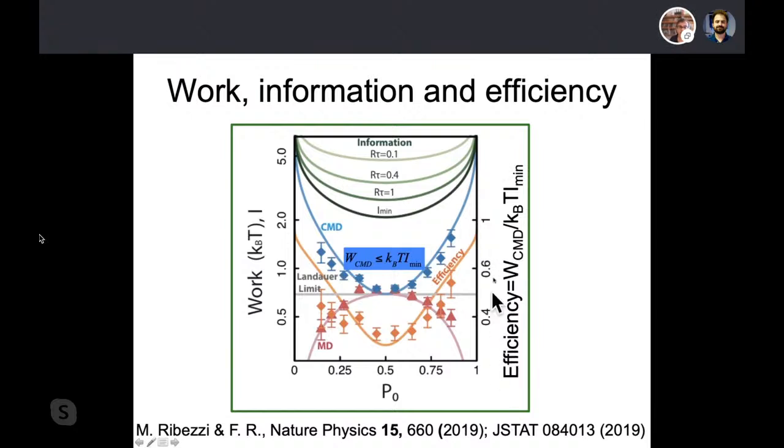You can also define the efficiency, which is the ratio between the work you can extract with this continuous version and the work needed to erase the stored sequences, so the information of the stored sequences, which is shown on the vertical right axis, goes between 0 and 1, and it shows the efficiency in orange color. The experimental data are in orange, and you see that when P0 goes to 0 or P0 goes to 1, you go to efficiency equal to 1.